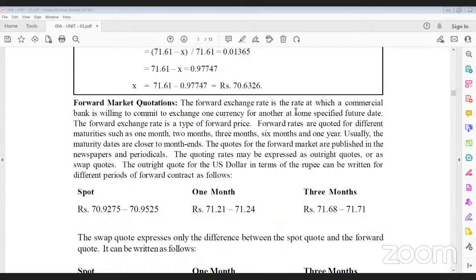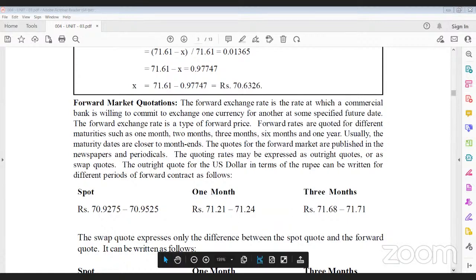The outright quotes for the US dollar in terms of the rupee can be written for different contract periods as follows. Suppose you see here the spot is rupees 70.9275, for 1 month it is 71.21, whereas for 3 months it is 71.68.